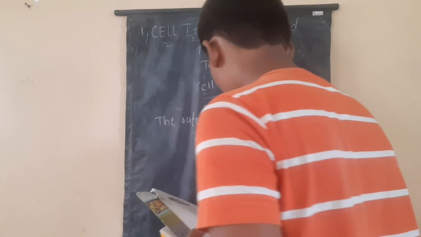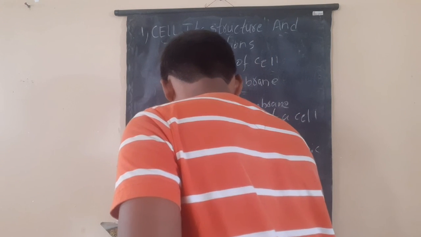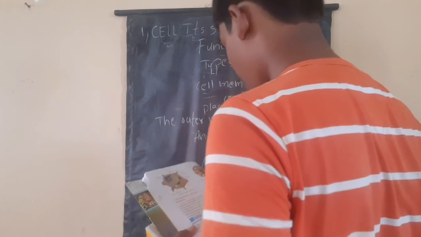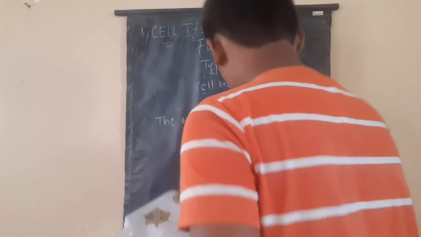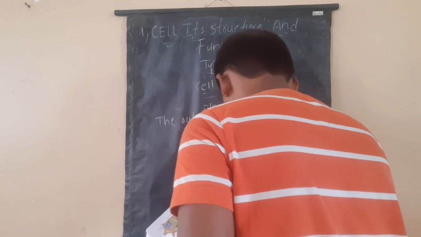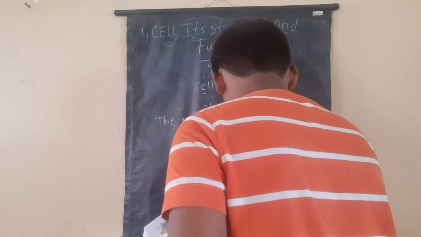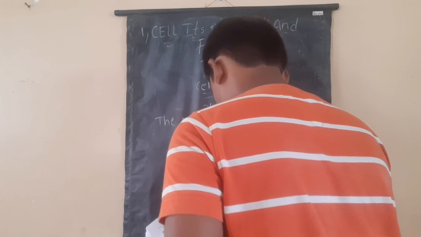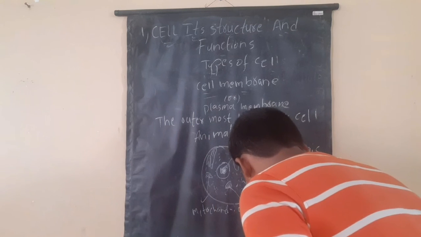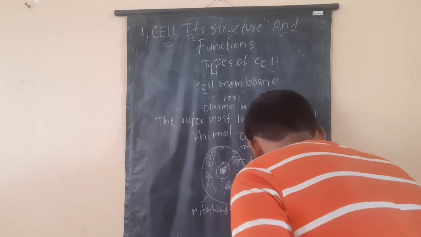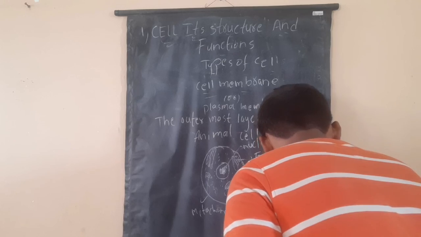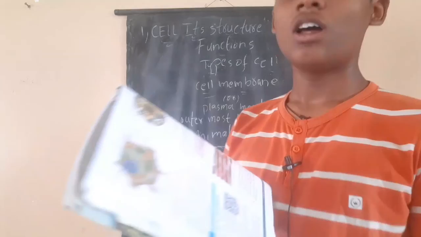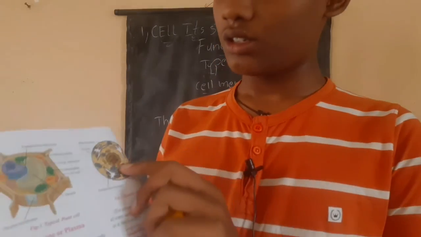Here it contains mitochondria, and the dot-like structure is called cytoplasm. Here is the Golgi apparatus.